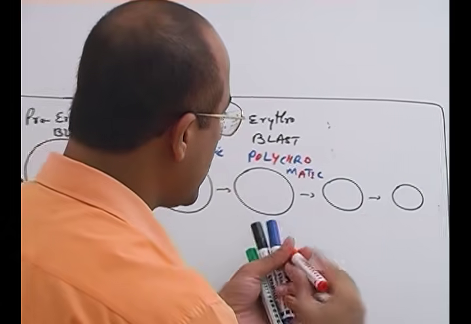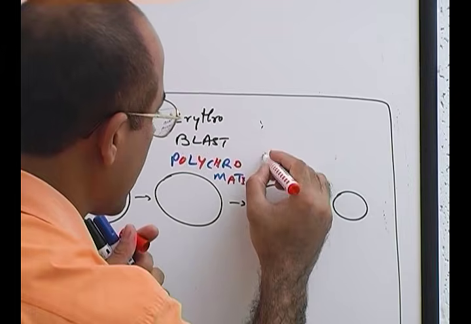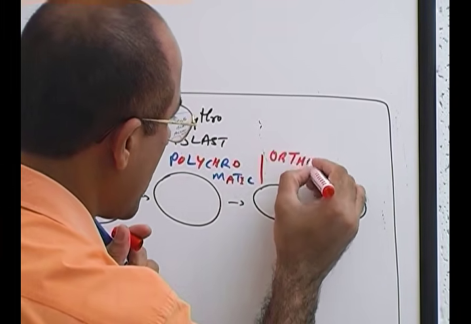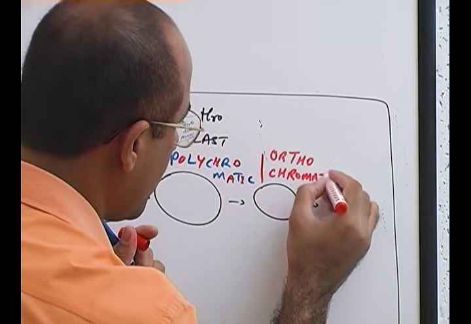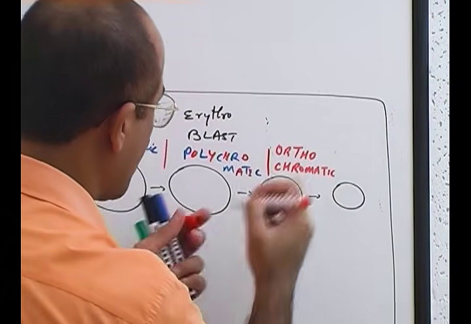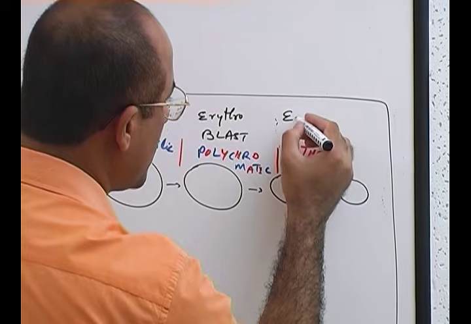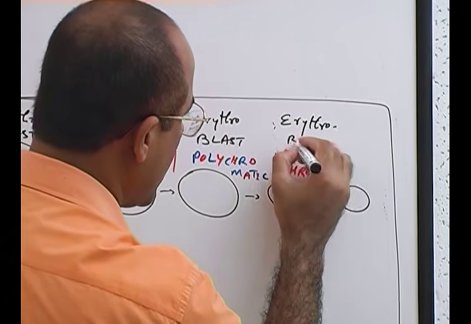After that, this one is very much red, so it is called orthochromatic erythroblast.